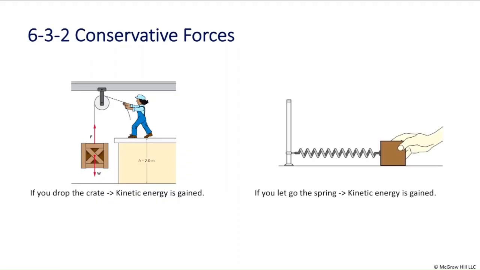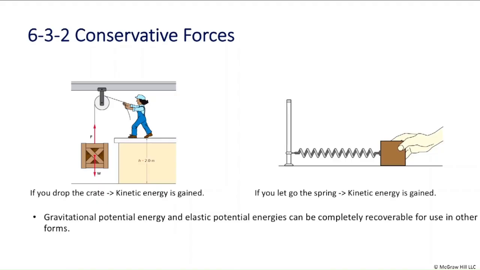So if we let go of a stretched or compressed spring, it loses elastic potential energy and the block gains kinetic energy. So the important point here is that these energies, gravitational potential energy and elastic potential energy, can be completely recovered and used again in other forms. That's why the forces associated with these energies, like gravity and elastic force, are called conservative forces.